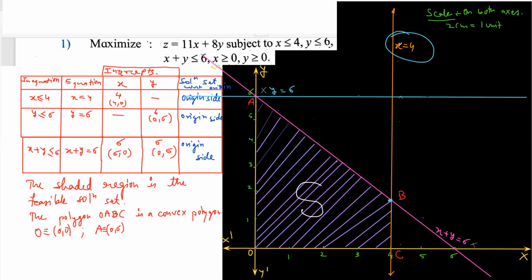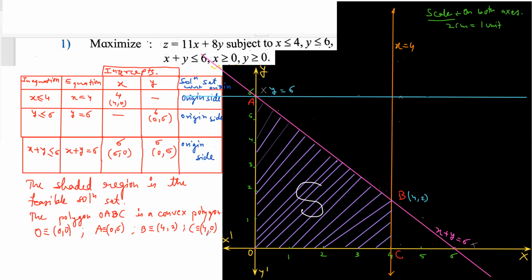For Y, you substitute X in this equation: 4 plus Y is 6, so Y is 2. So B is 4, 2. C is 4, 0.